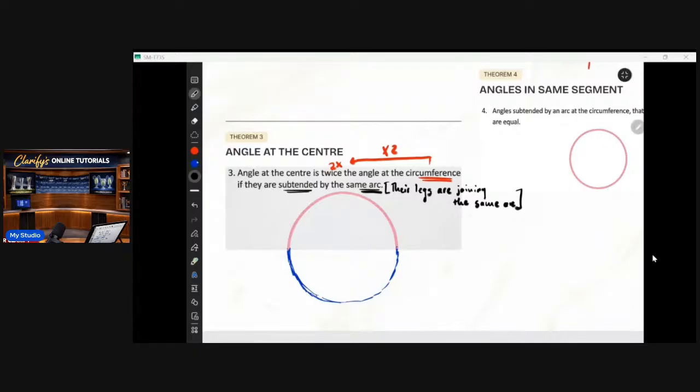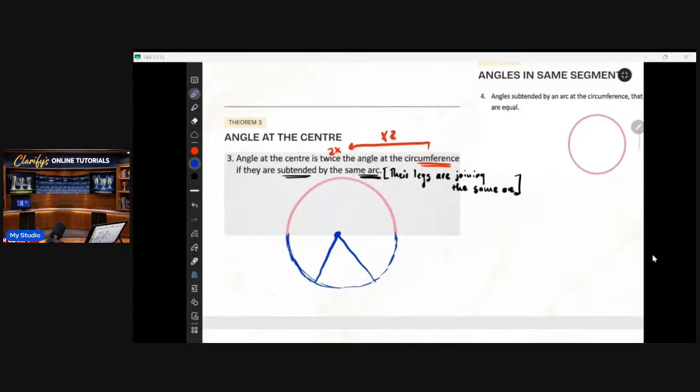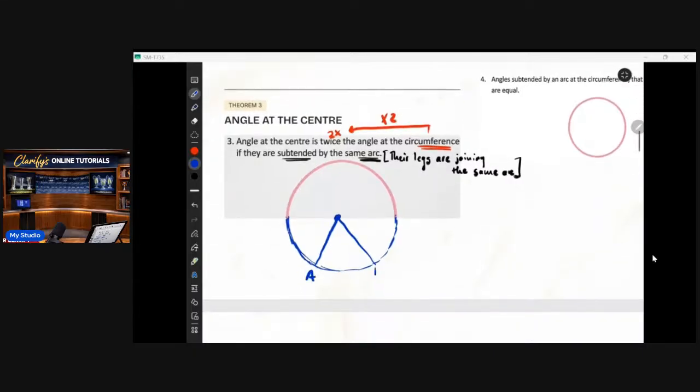Let's put it. Then I will do it in questions and show you where they'll try to trick you. So you have an angle going to the center. If you follow the legs, one leg will be going to A, one leg will be going to B. So this angle, if we call it theta, is being subtended by arc AB.